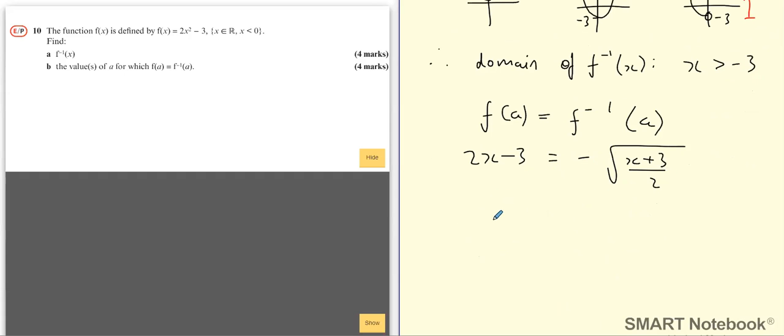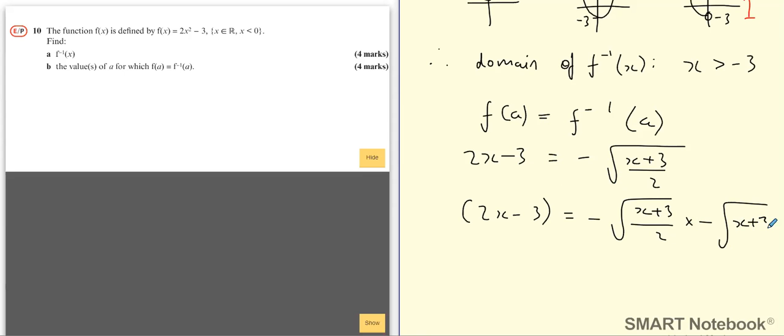So if I square both sides, 2x squared minus 3 equals, if I square the right hand side, what am I going to be left with? Well, minus times minus, in fact I should write this out just so that you can see how it plays out. If you're unsure, just do something like this.